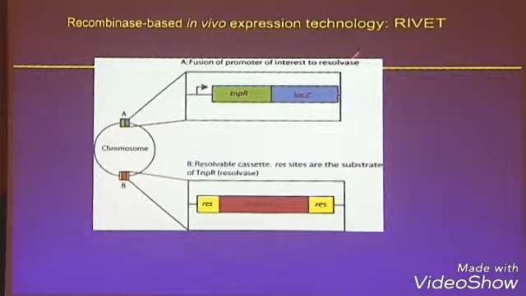And this is something called RIVET, which is a technology that allows you to have a marker here flanked by these resolvase sites. And then you take your promoter of interest and you clone a resolvase downstream of it. And if this promoter goes on, the resolvase comes on, it kicks this out of here, and then you lose this marker. So you can plate the loss of this marker. So this is a really good way of figuring out when these promoters go on.